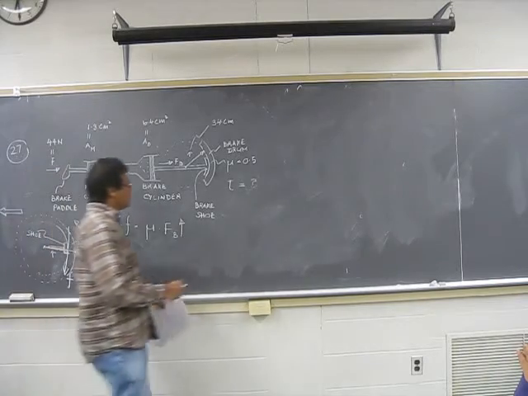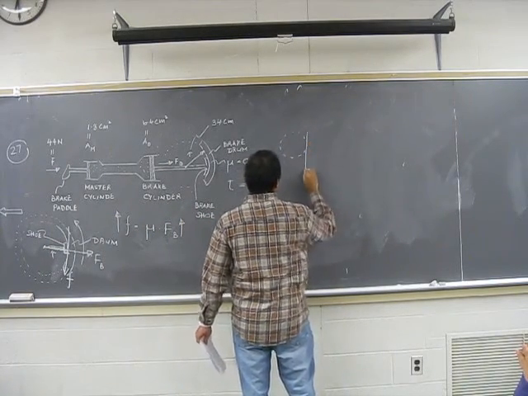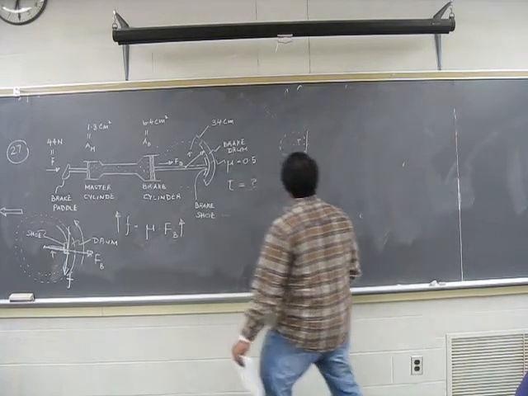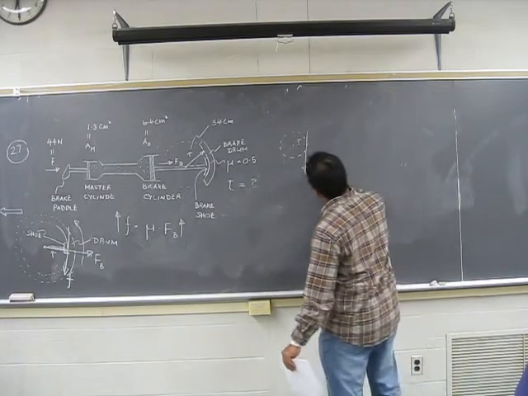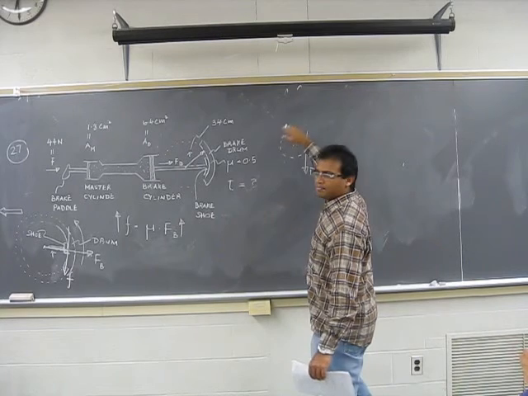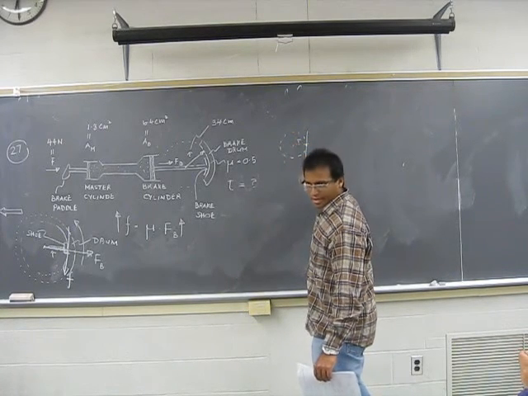If you have a rotating body, you have a force like this. This is the radius. This is our force. So this body is rotating right now. In this case, it's not stationary. The wheel is rotating.